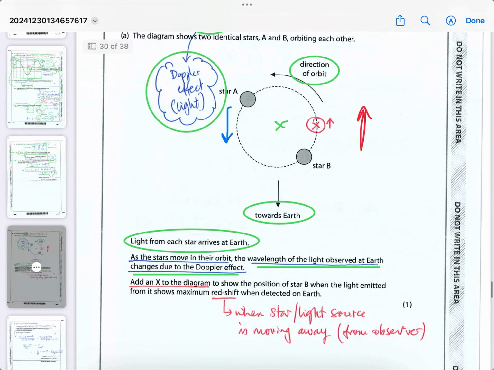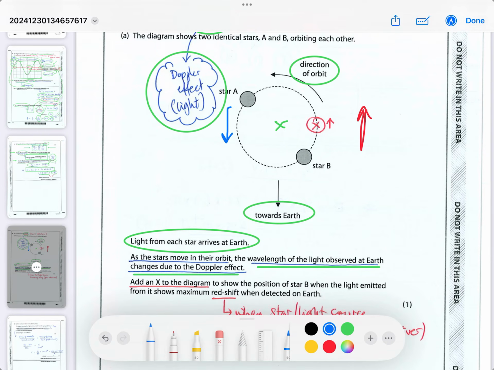So they say add an X to the diagram. That's what they want you to do. They want you to add an X to the diagram, putting it in red because it's going to be on the red side, to show the position of star B when the light emitted shows the maximum redshift.